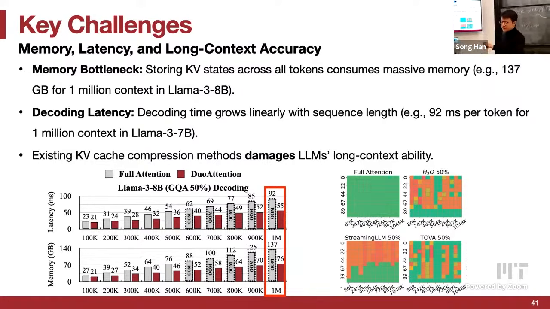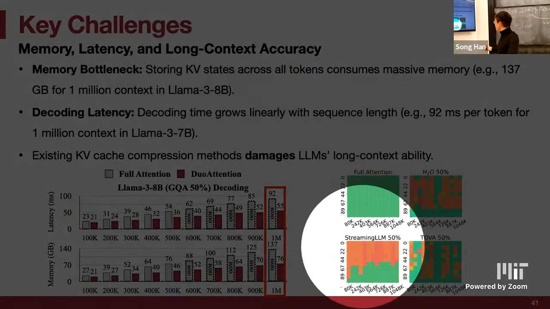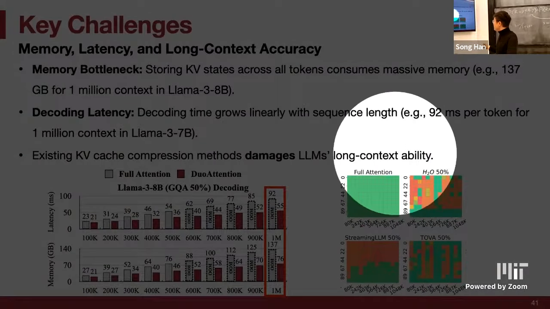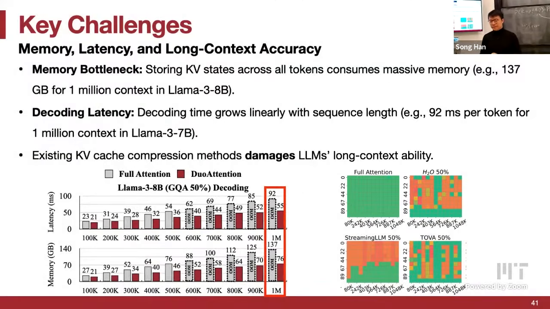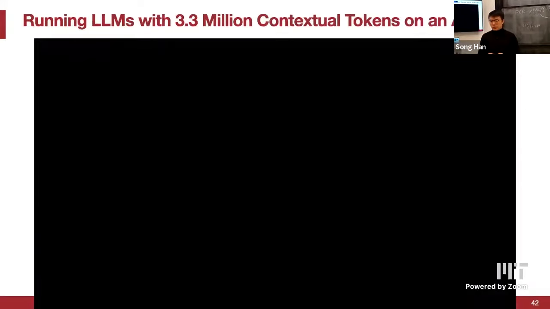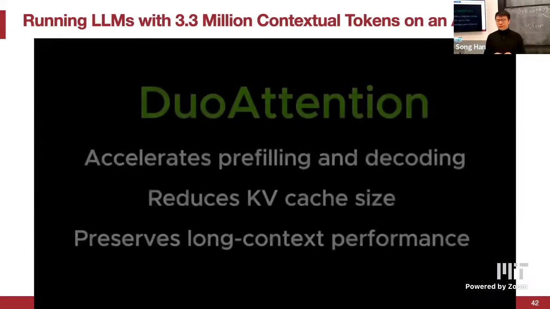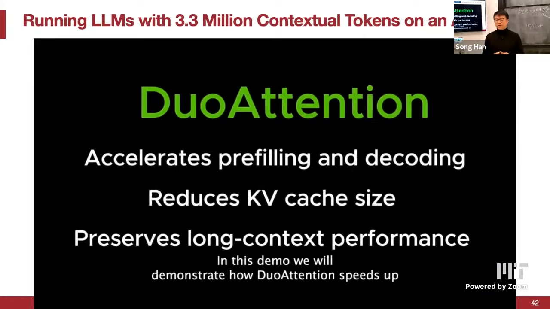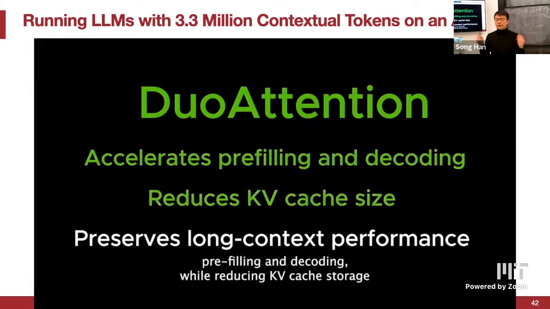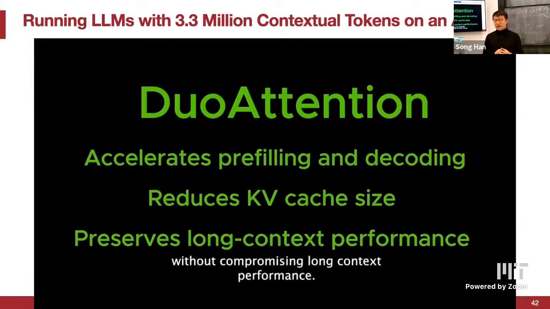And some existing KV cache compression techniques, like H2O, StreamingLLM, TOVA, will damage the long context capability, like we see in the last slide. So to solve that problem, dual attention accelerates both the pre-filling and the decoding, reduces the KV cache size, and preserves the long context performance.